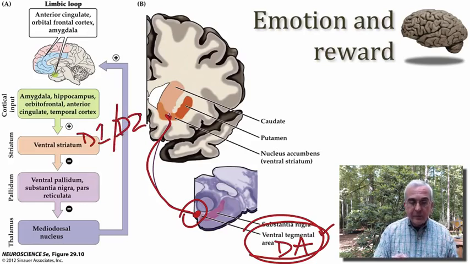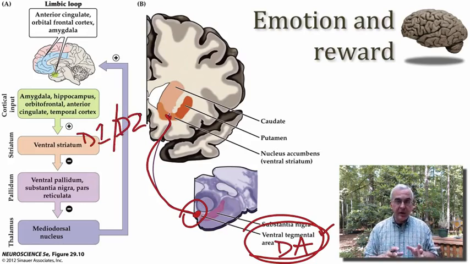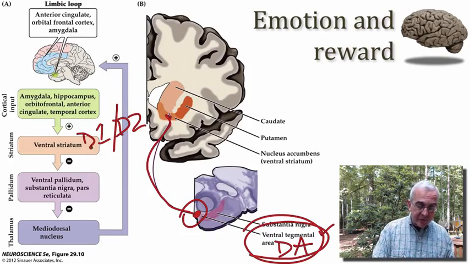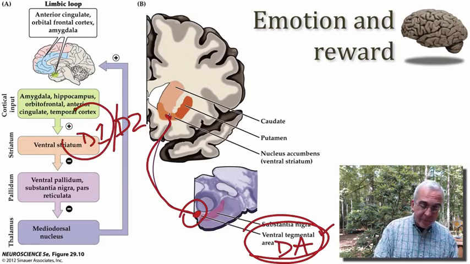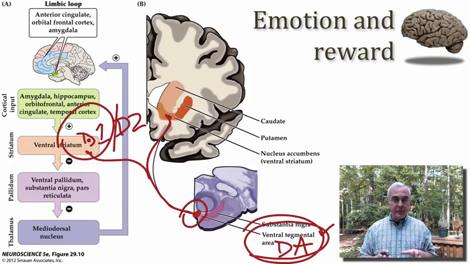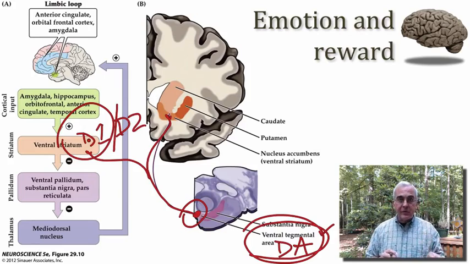The D1 receptors are associated with the direct pathway. So in the illustration that we have here to the left, we imagine that the D1 receptors are being activated when ventral tegmental neurons begin to fire and release dopamine, affecting this direct pathway from ventral striatum to ventral pallidum, substantia nigra pars reticulata, and then back to the medial dorsal nucleus of the thalamus.